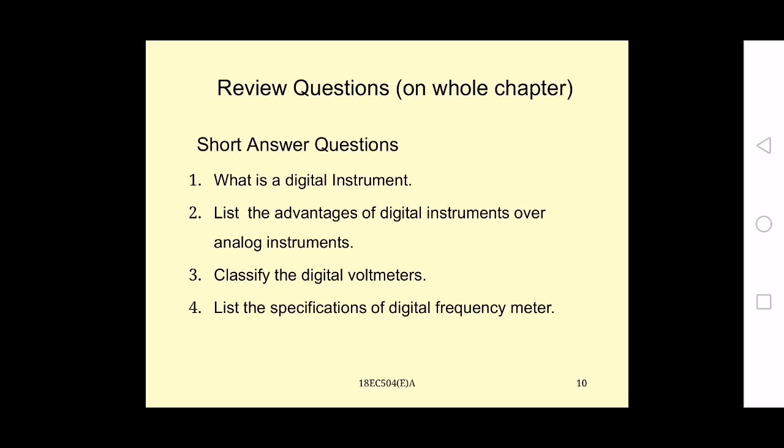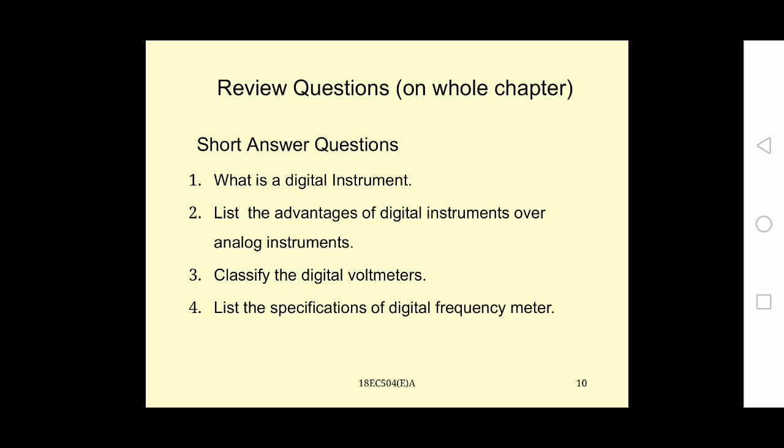Based on which time base you want, you can select the time base. That time base signal will be given to the gate control flip flop, that will decide the time period for how much time the input triggering pulses will be counted.